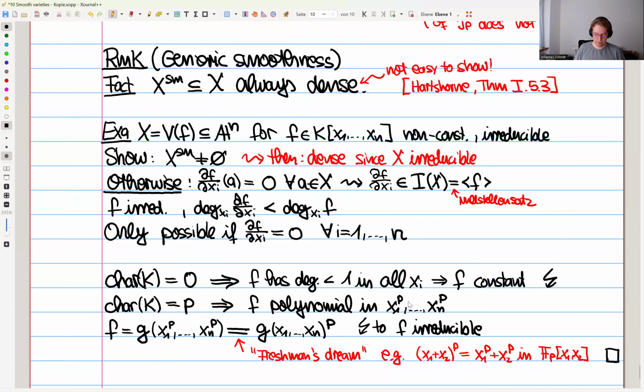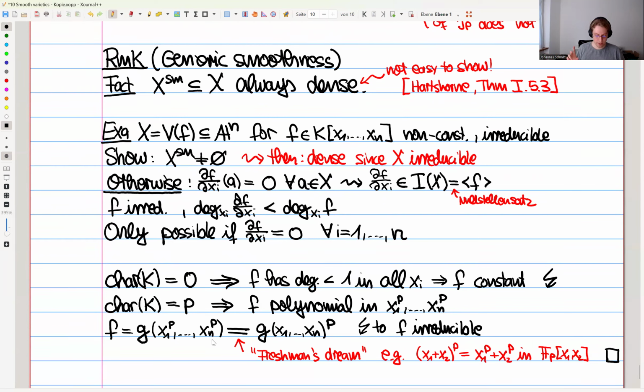But this is a function, even though its partial derivatives all vanish, it's still not a constant function. But I mean, just writing down f as a sum of monomials and checking these conditions, you can see this can only happen if you're a polynomial in these p-th powers. So f is of the form g of x1 to the p up to xn to the p.